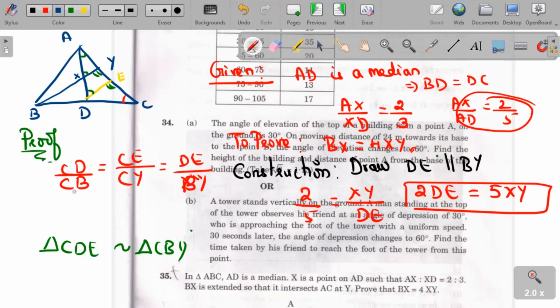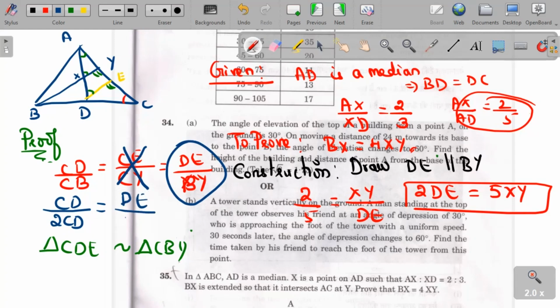So I'm going to rewrite this proportionality as CD divided by 2 times CD is equal to, this is not my requirement, so I'm skipping this proportionality and taking this, DE divided by BY. So let's first simplify this. This is 1 by 2 is equal to DE divided by BY. So BY is equal to 2 times DE.